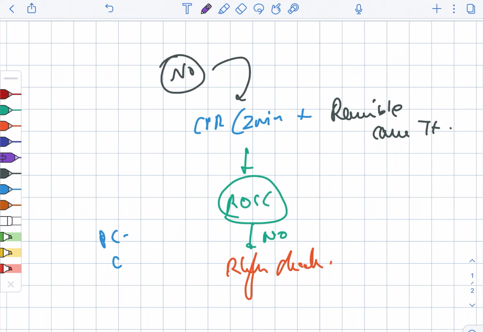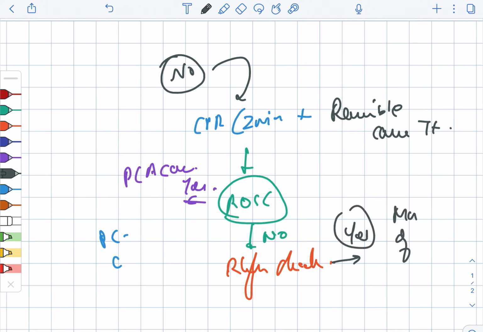Previously, if the ROSC is yes, we know it is post cardiac arrest care that is given. Again, if the rhythm is shockable, yes, then management of the VF and the PVT is done.